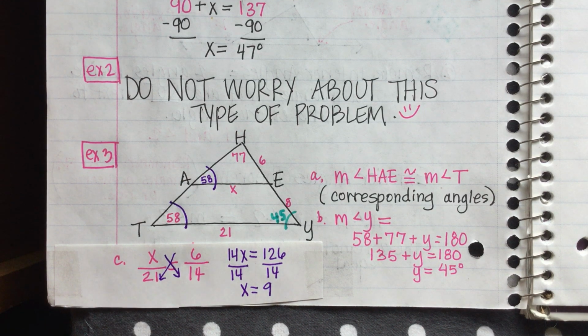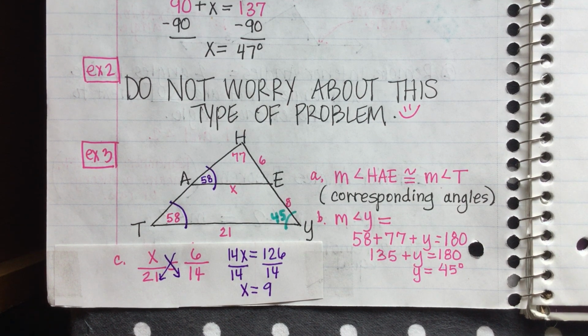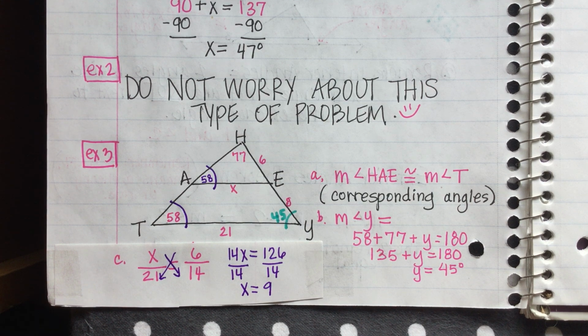The last part of this problem was solving for X. Now X is one of the sides, and that's where I'm going to use the idea that similar triangles have proportional sides. So I'm going to set up a proportion to compare the sides that are related or corresponding.